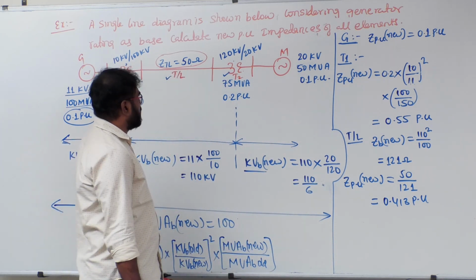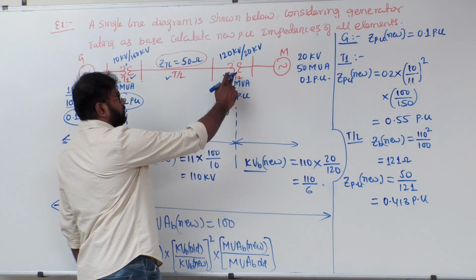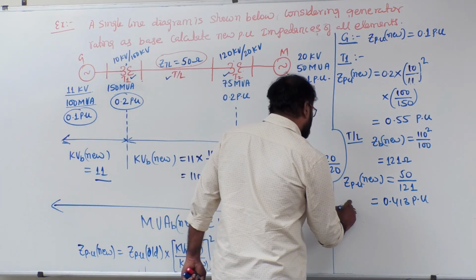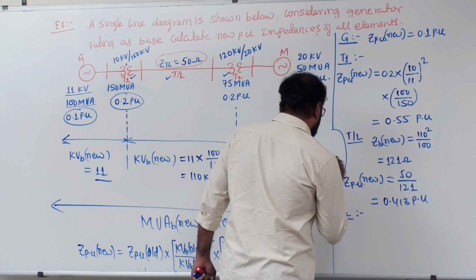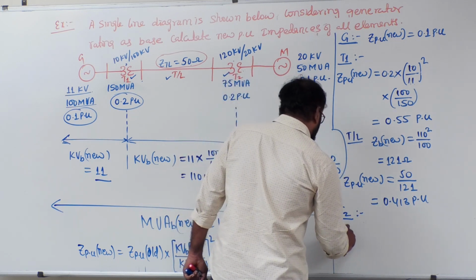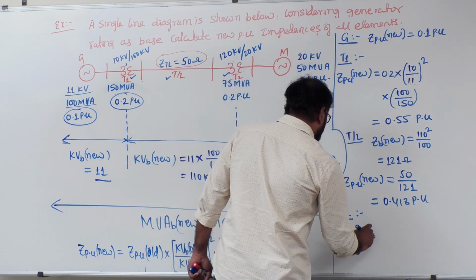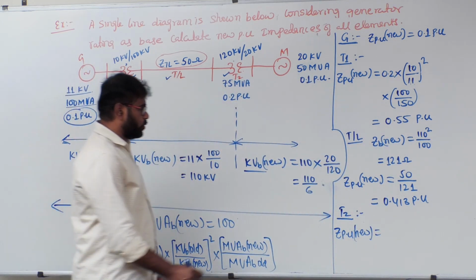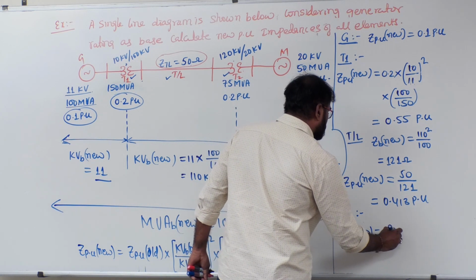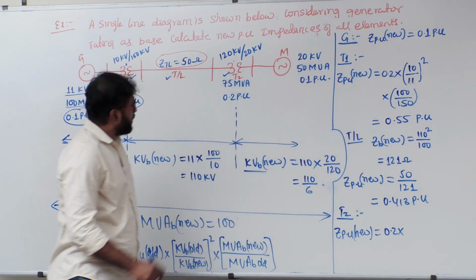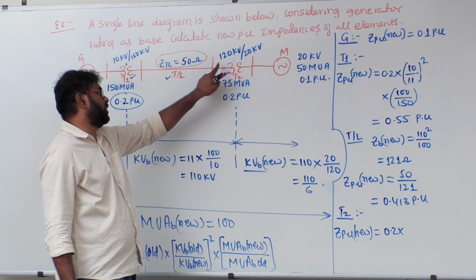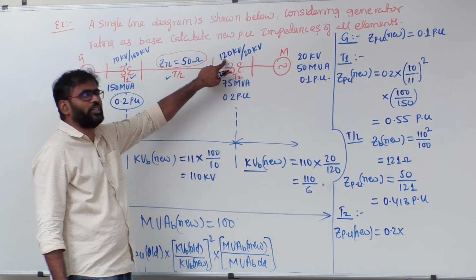After the transmission line, who is the next element? Transformer 2. What is the Z per unit new for transformer 2? Z per unit new equals Z per unit old, that is 0.2, multiplied with KVB old by KVB new whole square. Either you look from the HV side or the LV side. I will look from the HV side now.